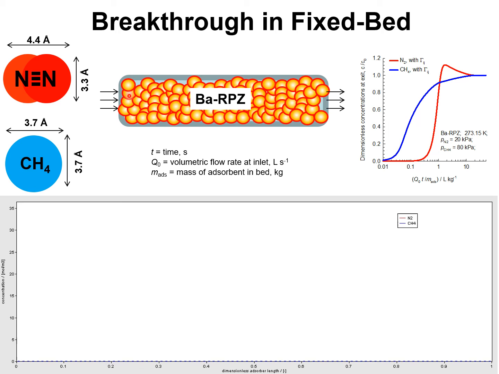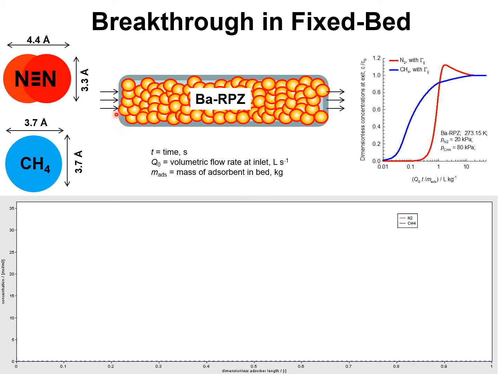Having examined the intra-particle uptake of nitrogen and methane within Barium-RPZ, we now turn our attention to transient breakthroughs in a fixed bed adsorber. We consider a feed mixture at 273 degree Kelvin. The partial pressure of nitrogen in the feed mixture is 20 kilopascals, and the partial pressure of methane in the feed mixture is 80 kilopascals.